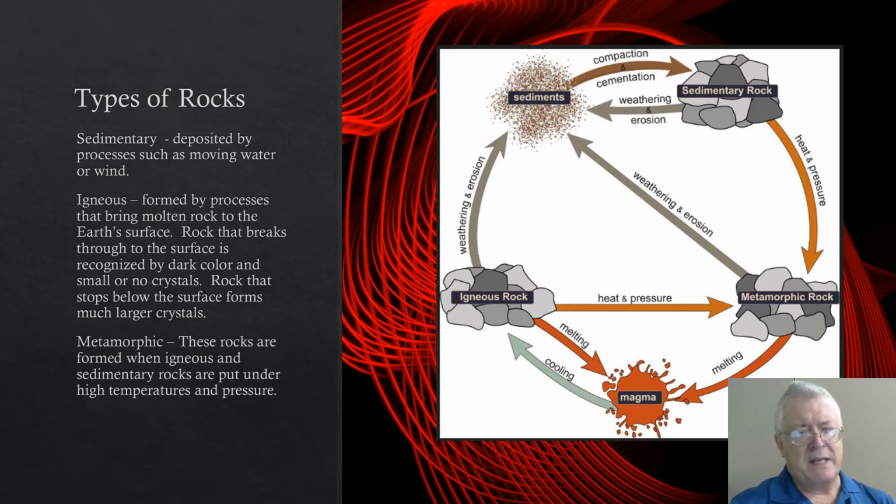You can see these by shale or slate. Slate forms from shale being put under pressure, and then slate has very fine layers. You can see the layers, you can break them off, and that's a metamorphic rock.